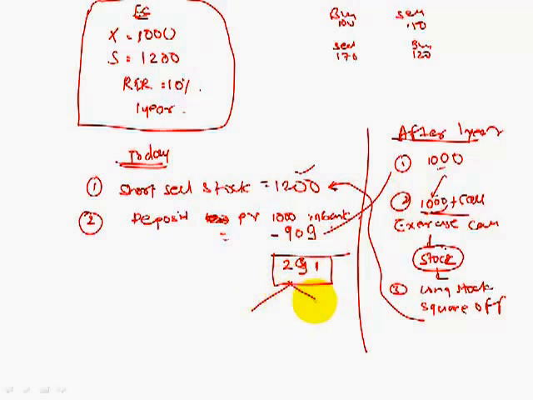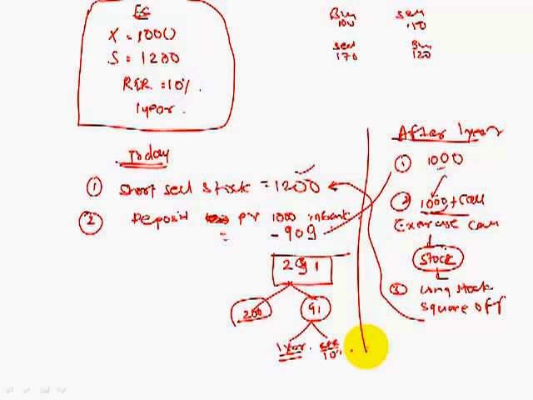We knew that the intrinsic value of the stock was 200. So what we've basically calculated here is that 91 is the time value of money. And how did we calculate it? This was a function of expiry, 1 year, and also a function of RFR, 10%. Are we clear?